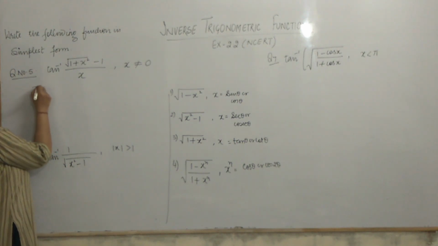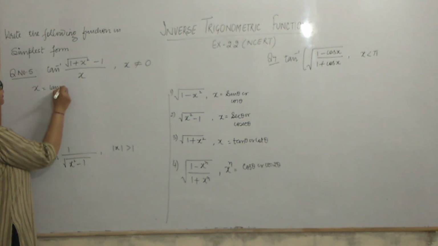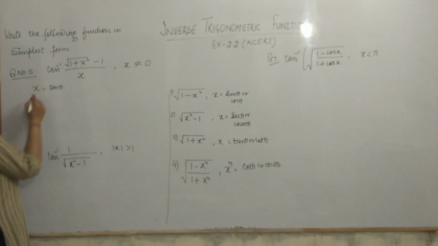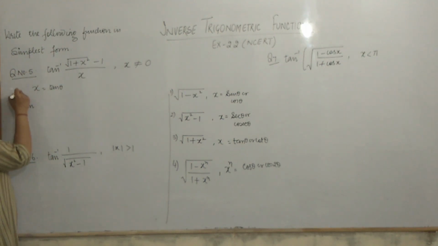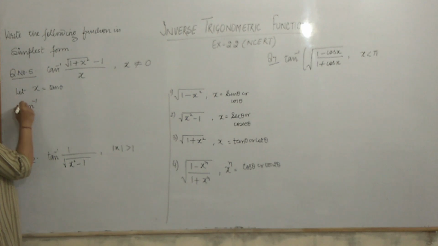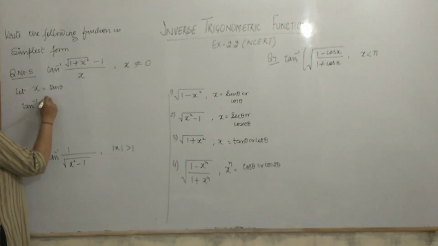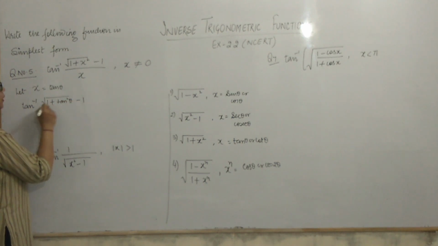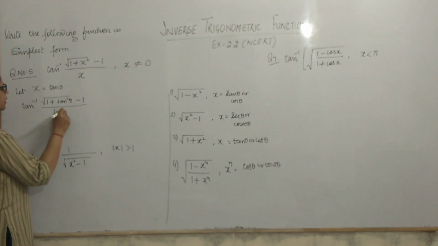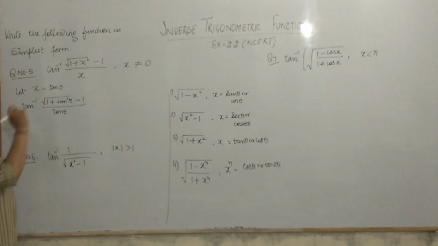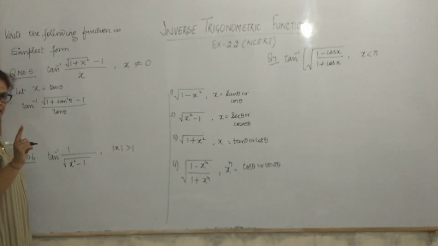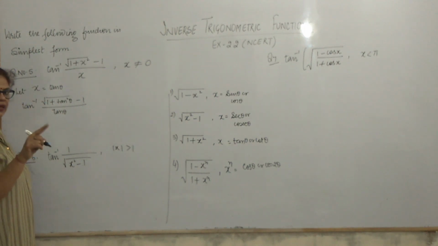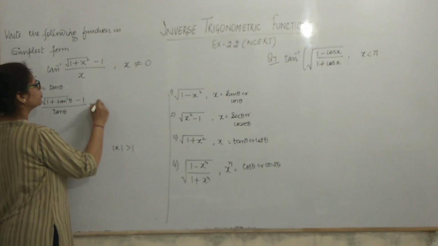Let us put x is equal to tan theta. What will happen? Tan inverse of square root of 1 plus tan square theta minus 1 upon tan theta. 1 plus tan square theta is sec square theta. Square root of sec square theta is only sec theta.